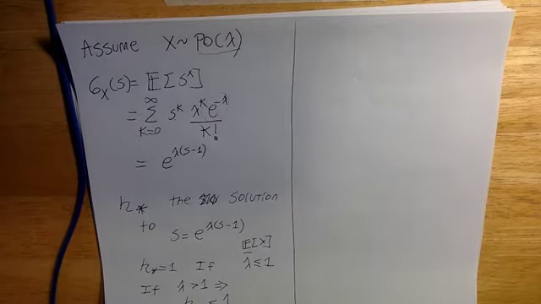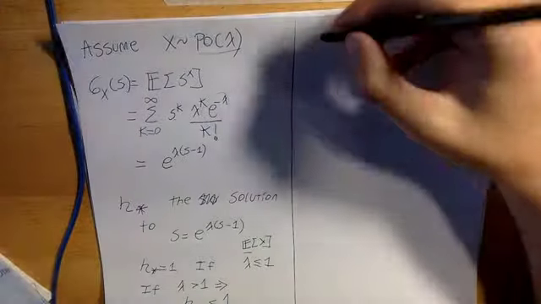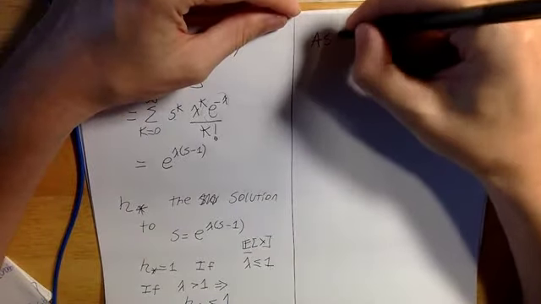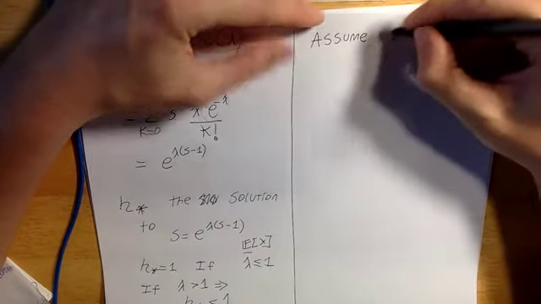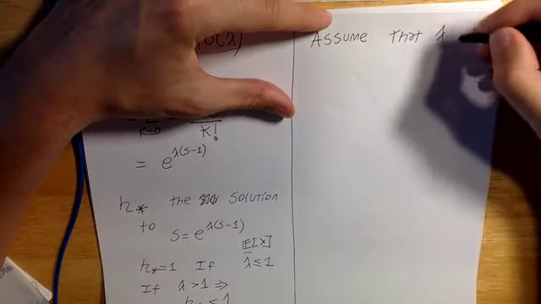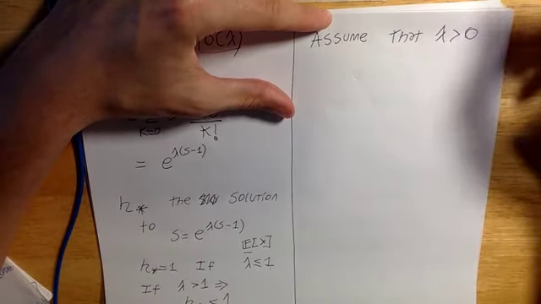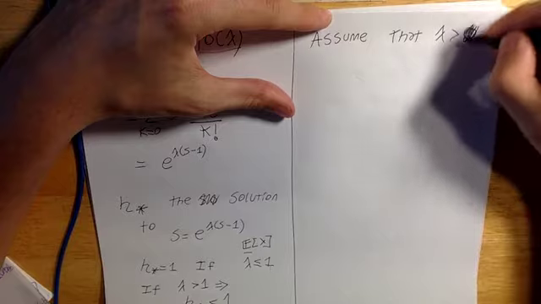Okay, what is interesting is what happens in the following case. Let's assume that lambda is bigger than 1.